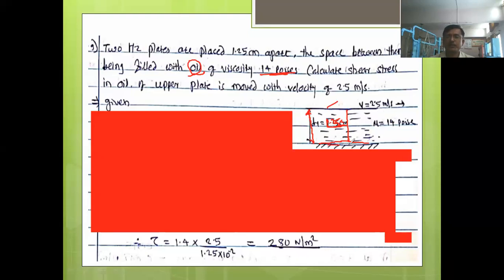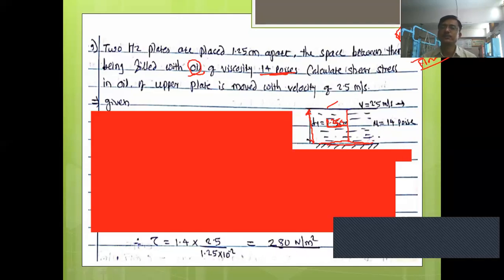Either both plates will be in motion or either one of the plates will be in motion. So whenever there is a motion, then and only then viscosity is going to occur. This viscosity is the phenomenon of motion. It is a phenomenon of flow. If there is no flow or no motion, then viscosity doesn't have any role, because in its definition itself, we mentioned it is the resistance to motion, or the resistance to the flow.